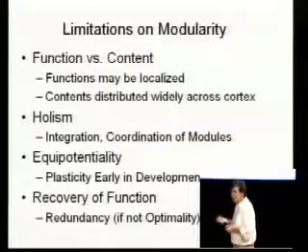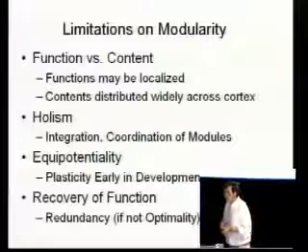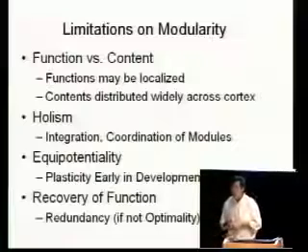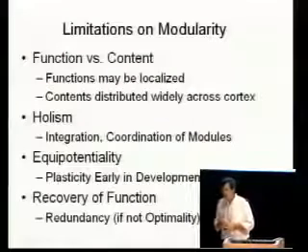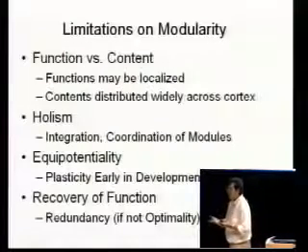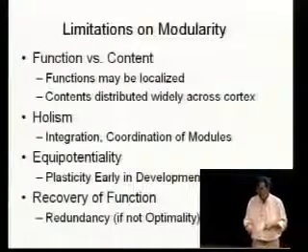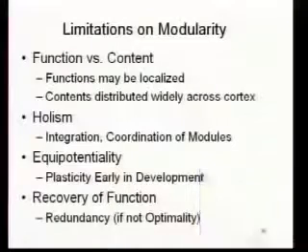A third limitation on modularity comes in the form of what the neuroscientists call equipotentiality. The adult brain may be highly specialized, but the immature brain seems to have a lot more ability to carry out different functions in different parts of the brain.